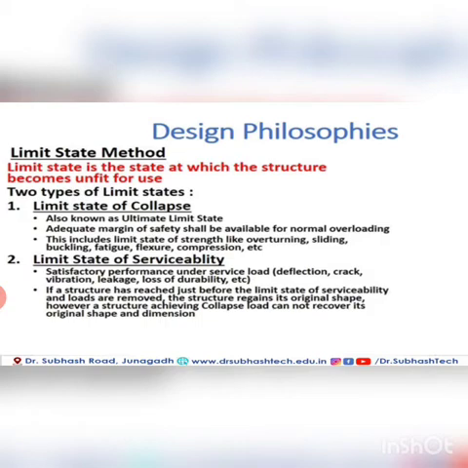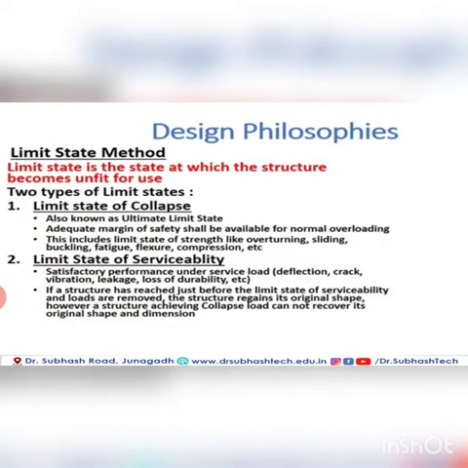First, limit state of collapse, also known as ultimate limit state. A margin of safety shall be available for nominal overloading. This includes the limit state of strength like overturning, sliding, buckling, fatigue, flexure, compression.